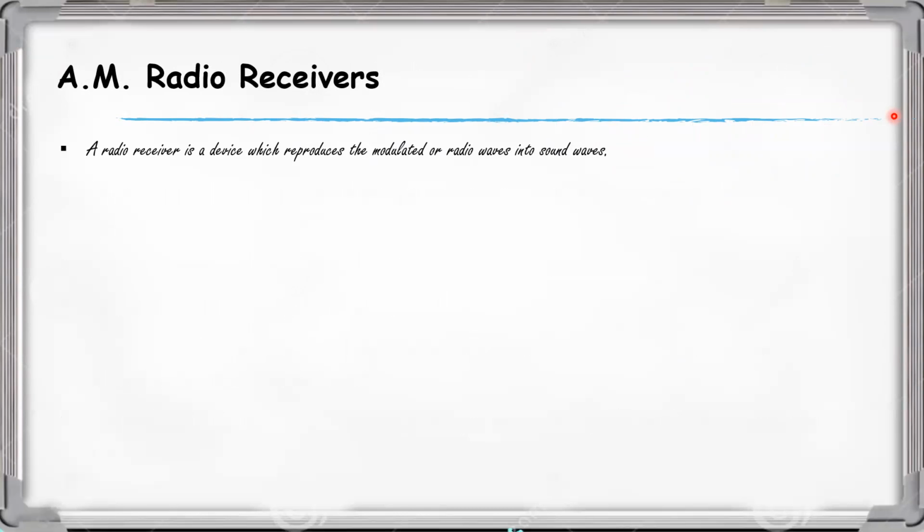What is a radio receiver? Is it familiar? Nowadays, different radio receivers are available, that is AM and FM. In our syllabus, we have to discuss only the amplitude modulated radio receivers.